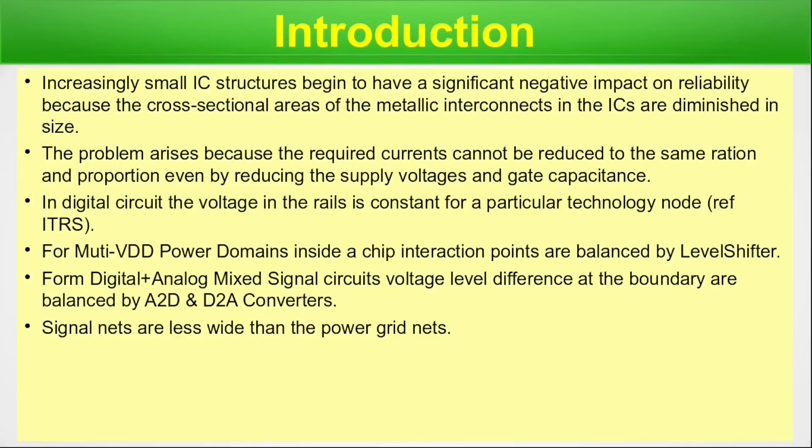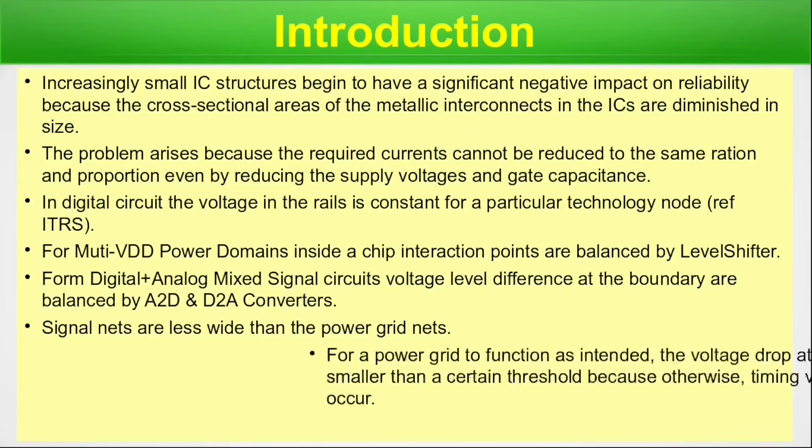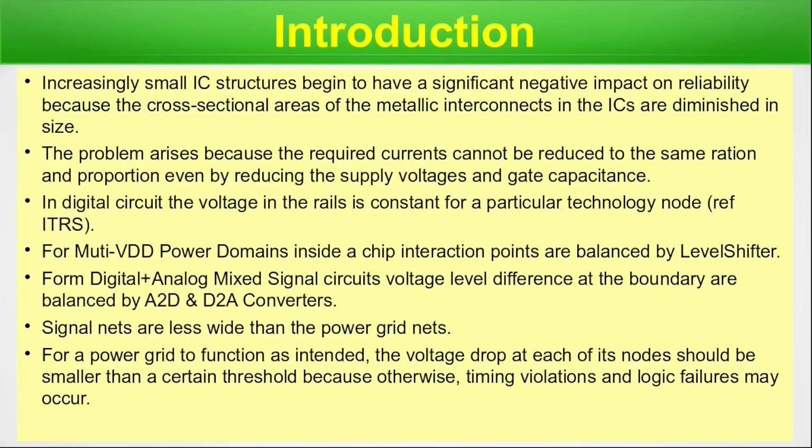Signal nets are less wide than the power grid nets. I just re-emphasize this fact. For a power grid to function as intended, the voltage drop at each of its nodes should be smaller than a certain threshold. Otherwise, timing violations and logic failures may occur. Now, a voltage node is a circuit concept, not a physical chip concept.